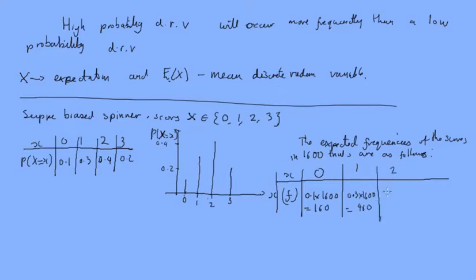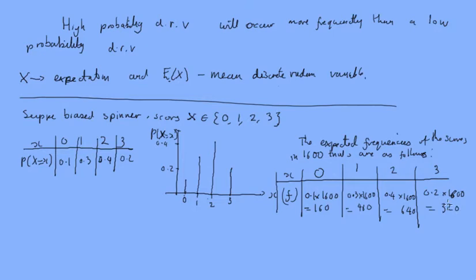Then our 2, the probability was 0.4, times it by 1600, and that gives us 640. And then our 3 was 0.2 probability times 1600, and that is 320.